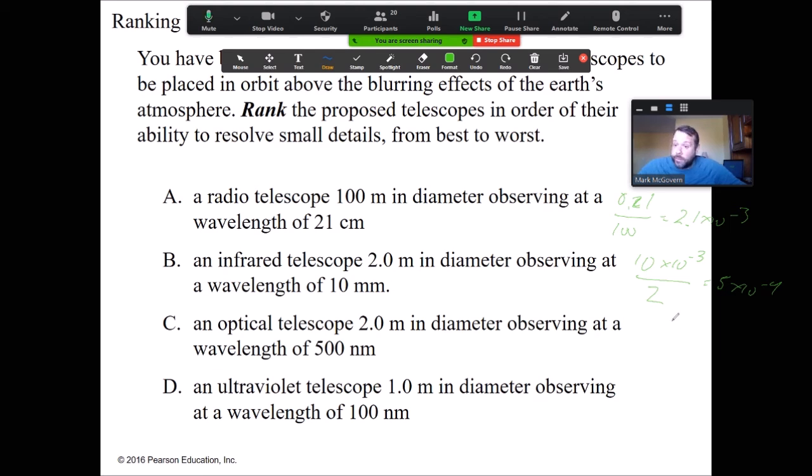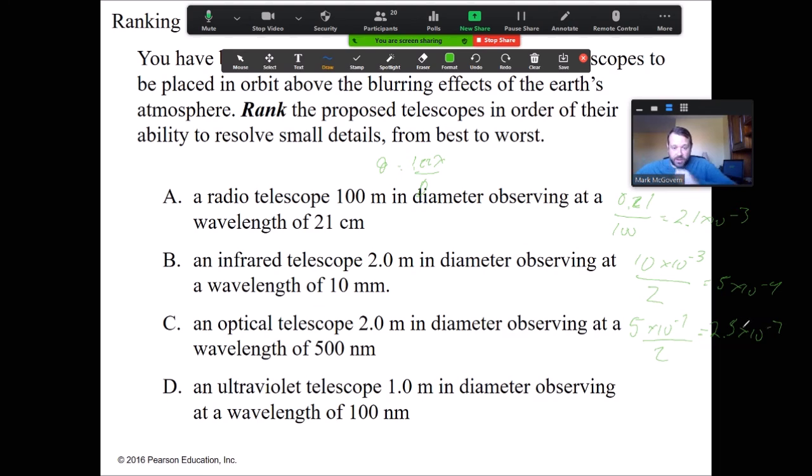Well, that's better. Remember, the angle here is 1.22 lambda over d. I'm just comparing lambda over d here. 500 nanometers, 5 times 10 to the minus 7 over 2. My goodness, look how good this thing is. 2.5 times 10 to the minus 7.